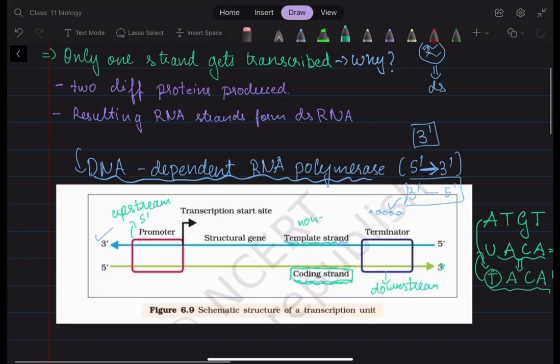Again, here we take the reference of the coding strand because it is easier to understand, because we usually consider 5' as the end from where the nucleotides are added, right? That is why we call this upstream and this downstream, taking the reference of the 5' and 3' of the coding strand.